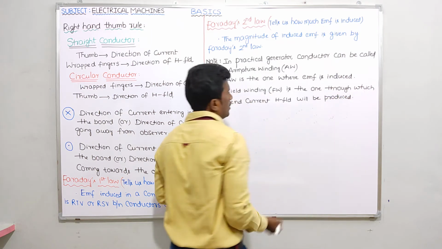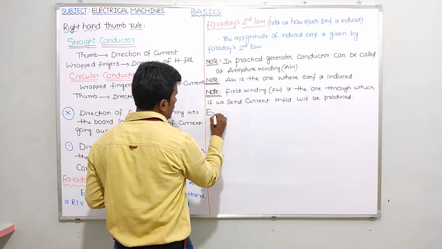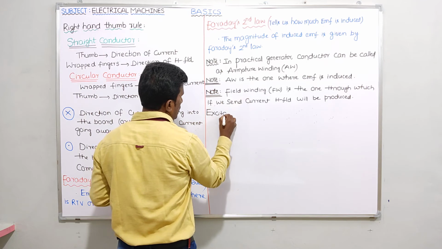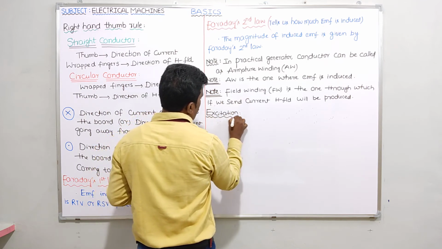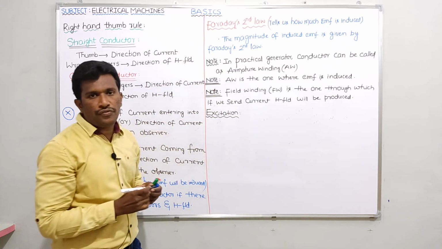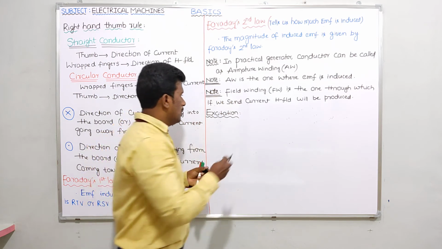Is it clear? Right. Now please tell me the definition for excitation. I am asking the definition for excitation. Simple, I already told. What is the definition for excitation? Process of sending current through field winding and creating magnetic field is called excitation. Okay.